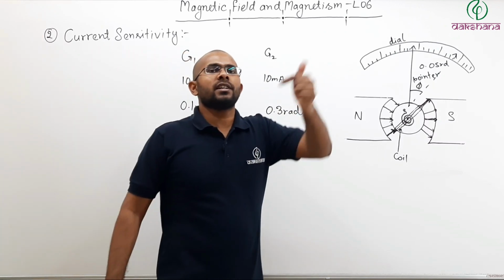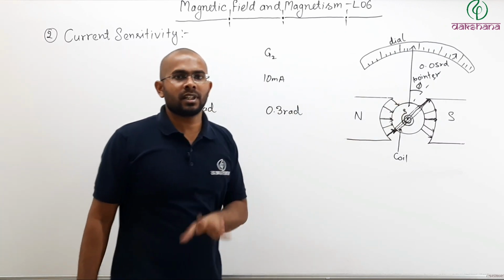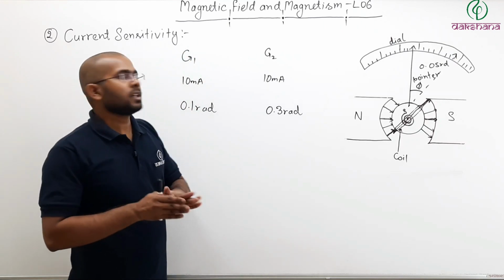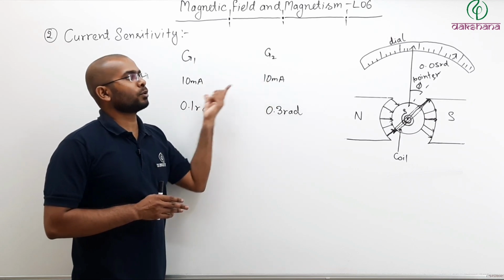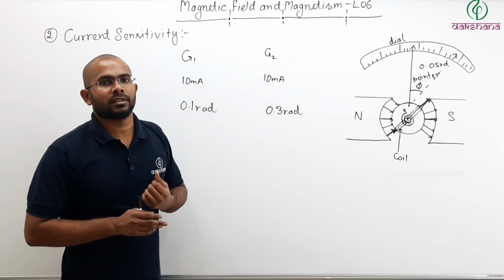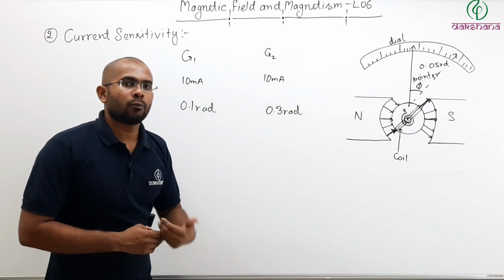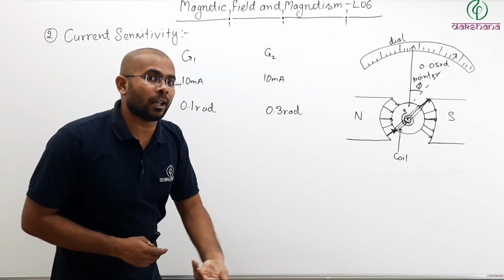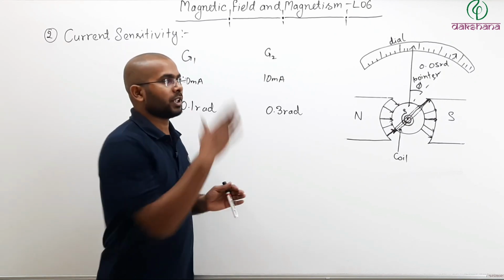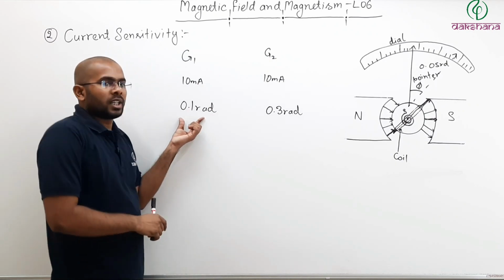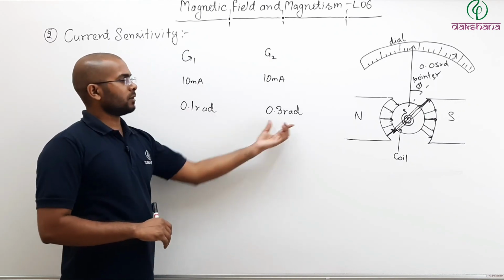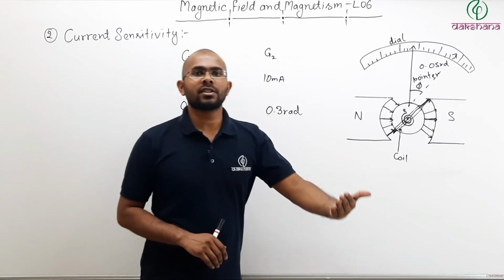So which one is more sensitive? See here, what is the input? Input is your current. How much current is passing through your galvanometer? And what is the output? What is the reaction of the galvanometer? The reaction of the galvanometer is the deflection shown by the dial. So this one is showing less reaction. This one is showing more reaction.